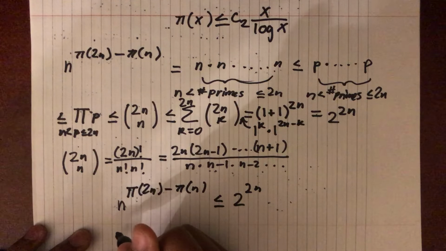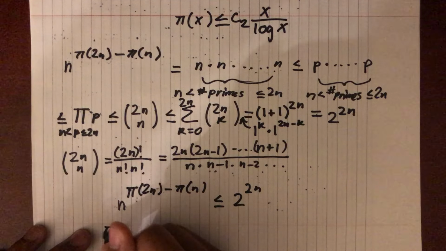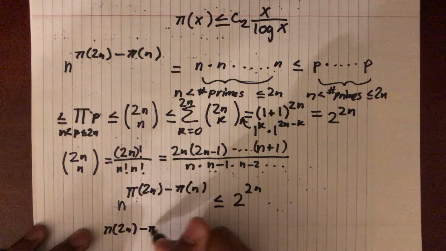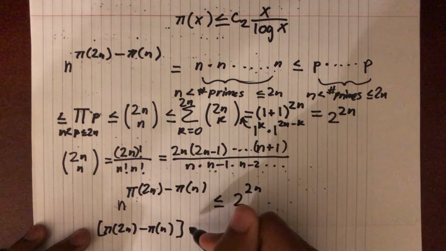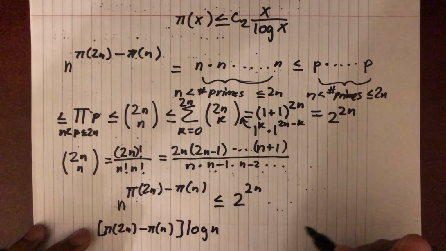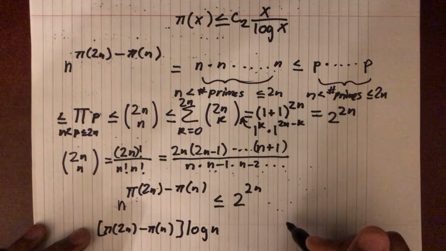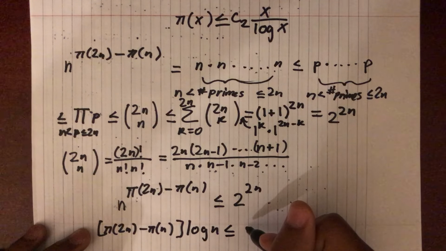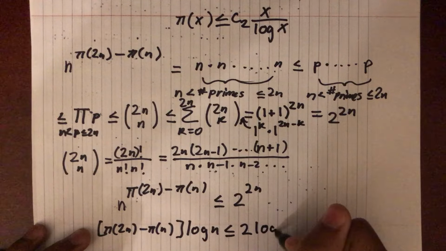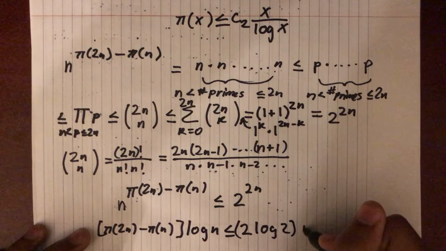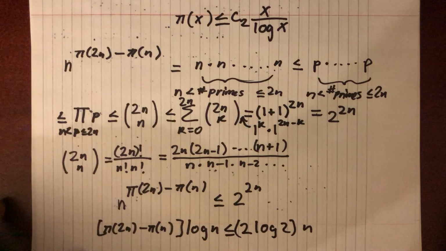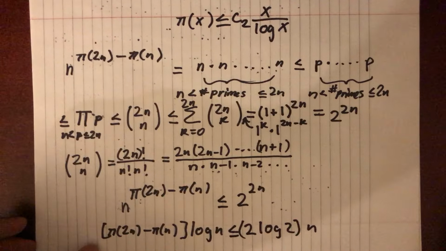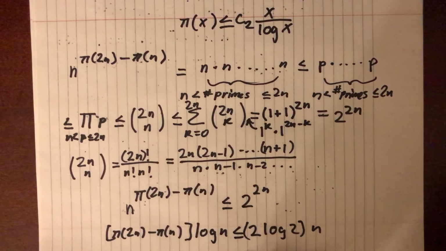So when we take log of both sides, we have pi of 2n minus pi of n times log of n is less than or equal to 2 log 2 times n. Okay? So that's where now we have the logs we wanted. And so now we can try to come up.